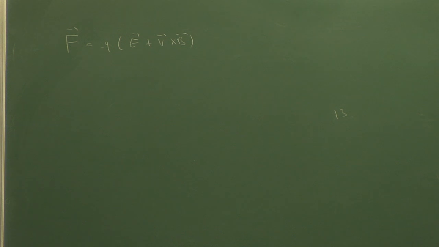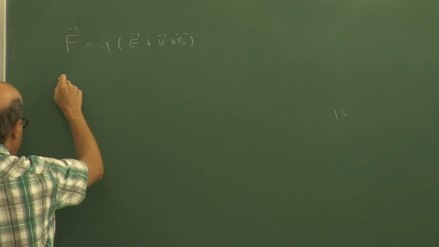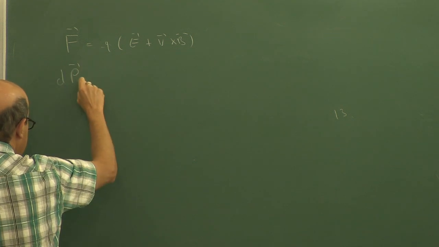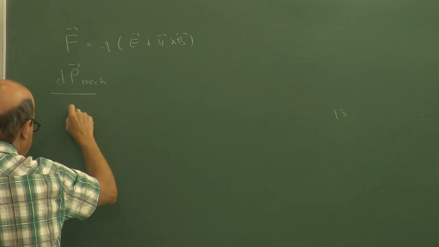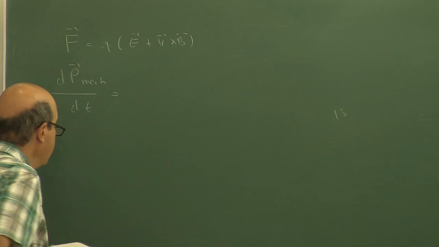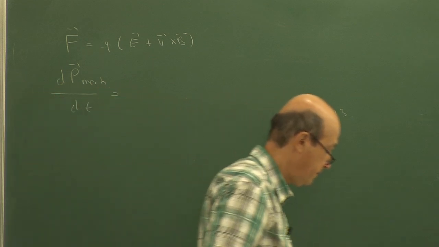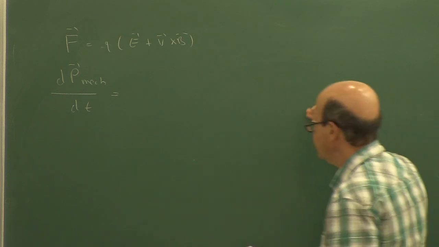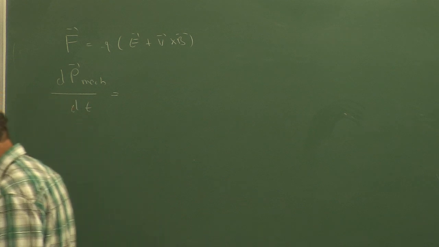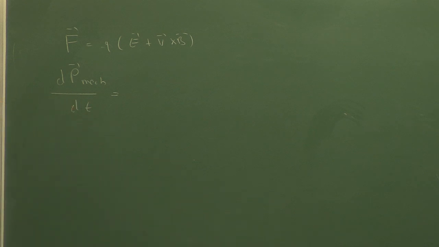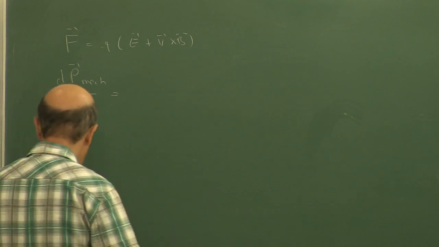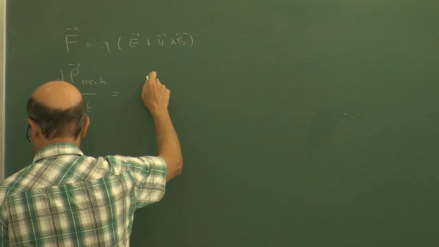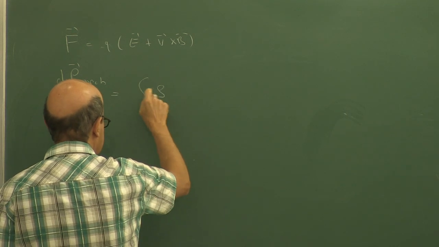And that is equal to the rate of the mechanical momentum. And instead of a single charge, if we have some charge density in the medium, you can write this with the charge density.